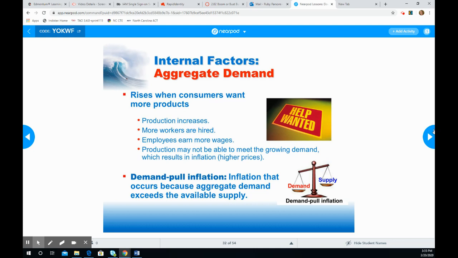When production increases, they have to hire more workers, and then those employees will earn more wages. Production may not be able to meet the growing demand, which results in inflation, and therefore prices of those goods rise. Demand-pull inflation is inflation that occurs when your aggregate demand exceeds the available supply.